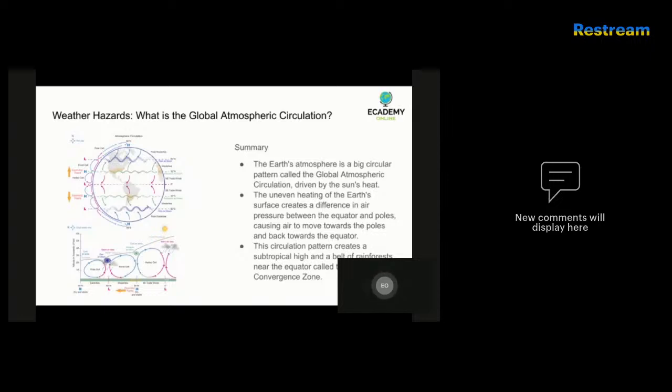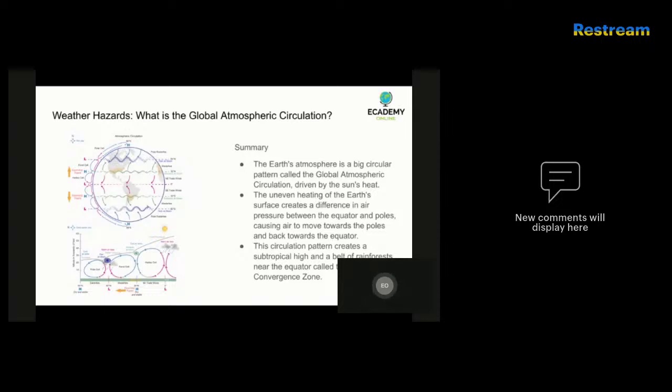So the air from the equator moves towards the poles, creating what we know as Hadley cells. As the warm air moves up towards the pole, it begins to rise up and begins to cool down. The cool air is much denser than the warmer air, so it begins to sink back down towards the Earth's surface.